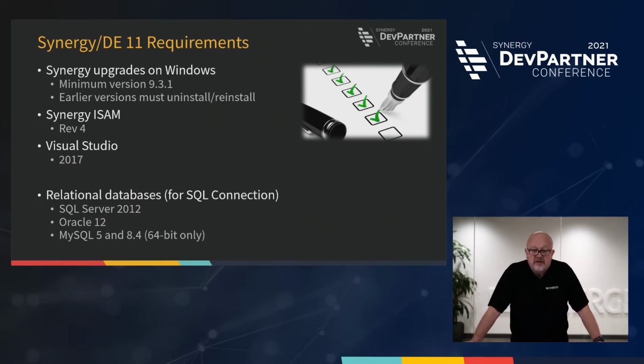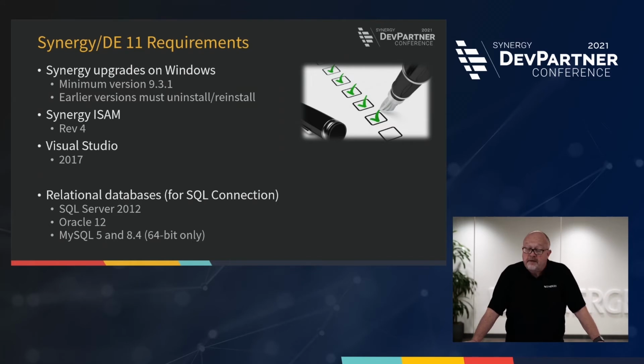The minimum ISAM revision, as it has been for a while, is ISAM Rev 4, although if you've got older Rev 4 ISAM files out there, I can't encourage you strongly enough to go and spend the time to patch those files up to the latest ISAM revisions. There are so many new features that you can take advantage of from version 10 and version 11 and continuing, and the performance in some of those operations that I talked about earlier.